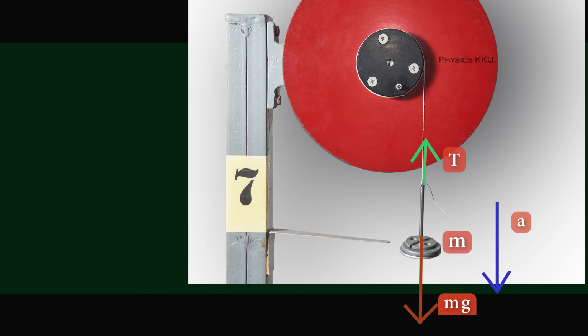We can determine the tension force of the rope from the linear motion of mass m, where m equals the mass of the saucer m0 plus the added counterweight. When a mass is allowed to move from a height h with an initial velocity u equals 0, two forces act on the mass, the weight mg acting downward and the string tension T acting upward.